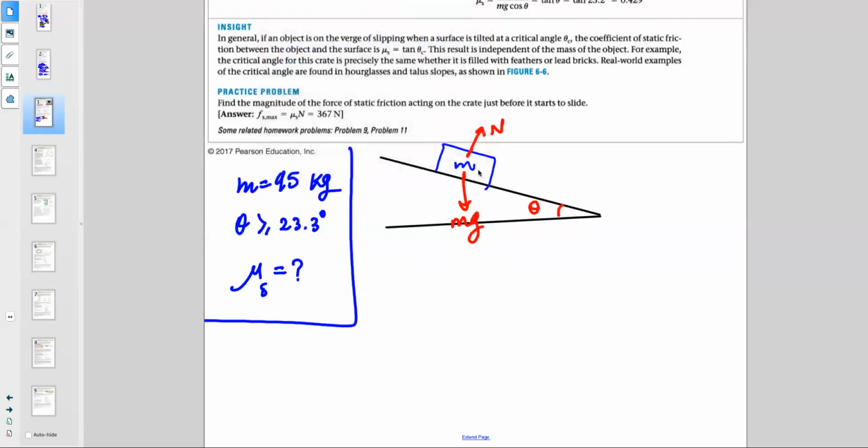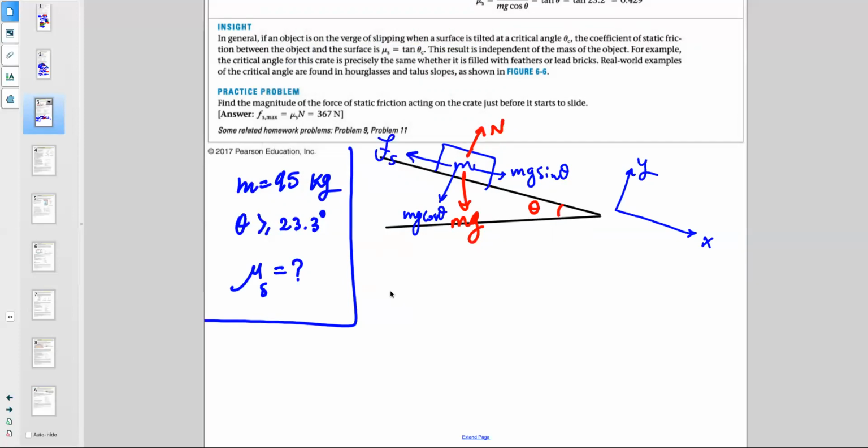So I have mg sine theta here, and mg cosine theta here. If it's moving, it is moving along the x direction. In other words, this is your f of s.